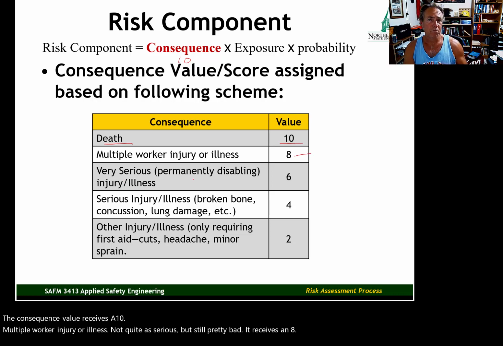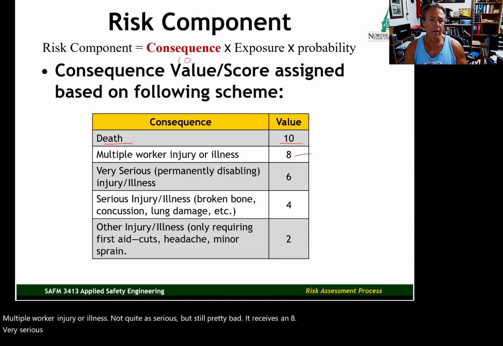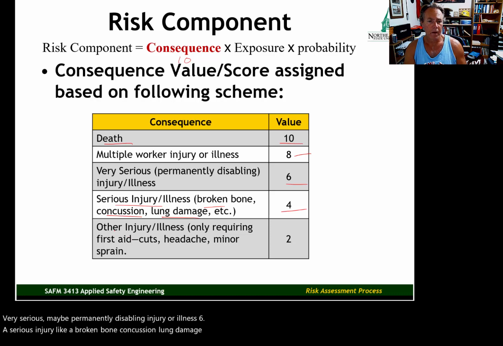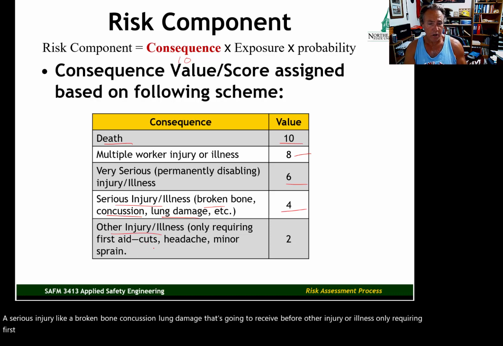Very serious, maybe permanently disabling injury or illness, 6. A serious injury like a broken bone, concussion, or lung damage receives a 4. Other injury or illness only requiring first aid type of treatment, like a cut, a headache, or a minor sprain, receives a 2 for its consequence value.